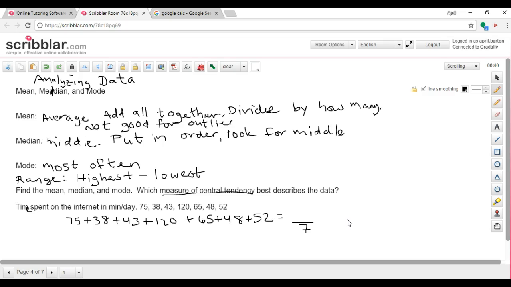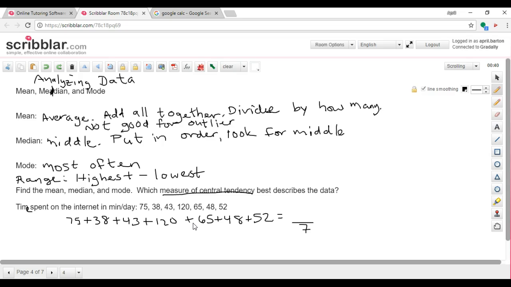This one has an outlier. Which of these numbers just doesn't fit in? Which one's kind of far away from all the rest of the numbers? This set of data does have an outlier. What do you think?